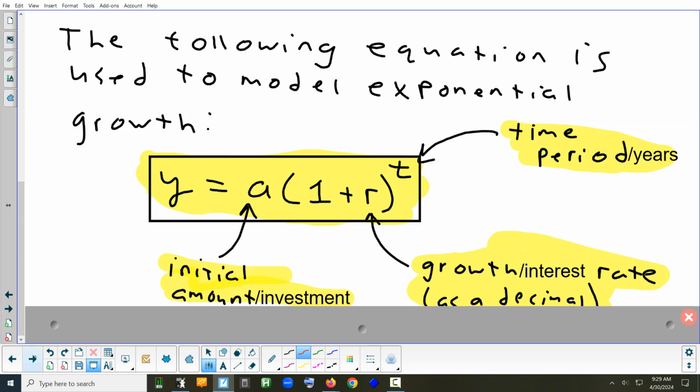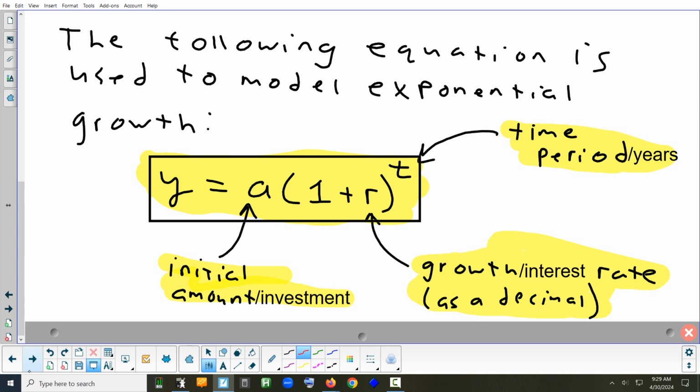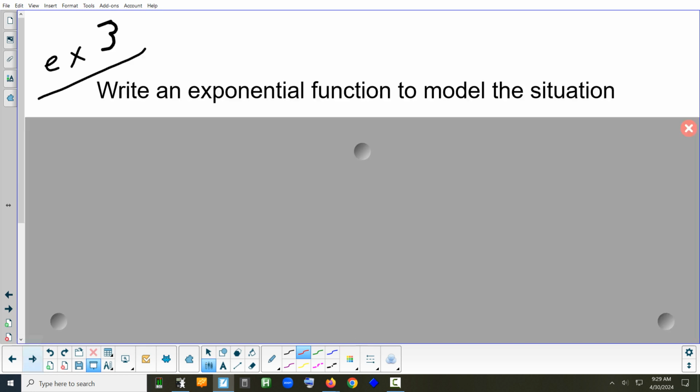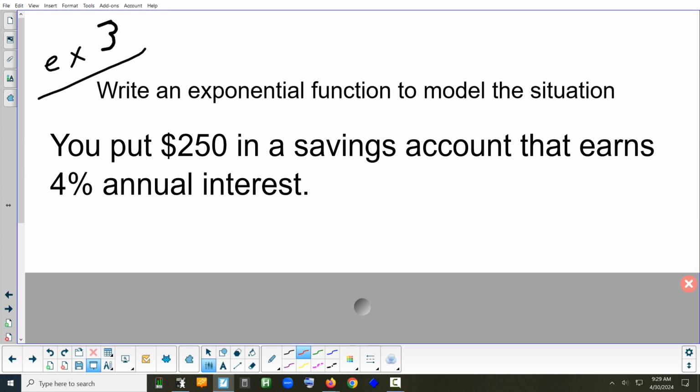So what's the formula that we can use to do exponential growth when they give us what's called a growth rate? We haven't done a problem yet where we've had a growth rate, but we're going to do one in a minute where they tell us we have a percent growth. In this case, it's going to be 4%.